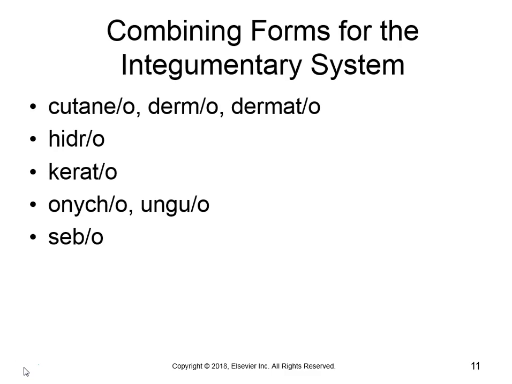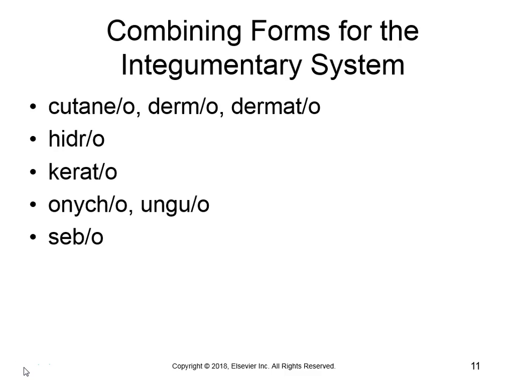So cutaneo is really used for talking about subcutaneous, meaning under the skin. It's not used a whole lot outside of that. Dermo and dermato, both of those mean skin also, but I always think of a dermatologist and so on. So we'll get to some terms that those are used for more. Or you think of epidermis and dermis.